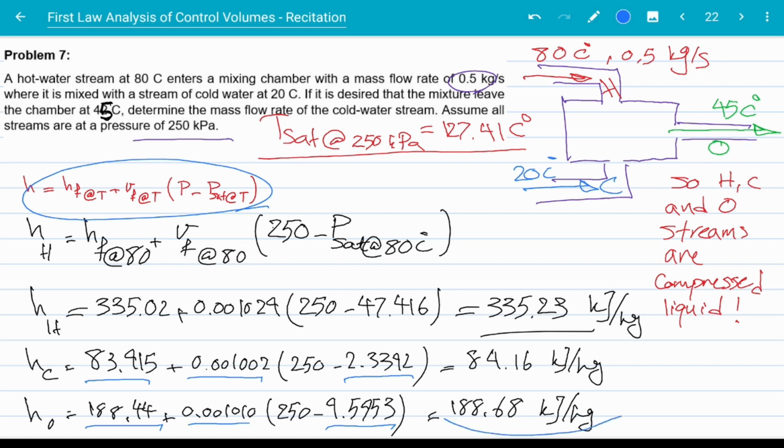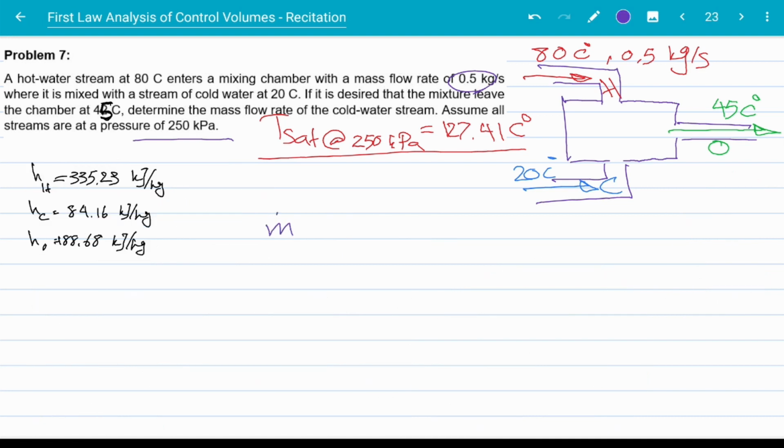Now that I have these three enthalpies, I can plug them back into the equation that we had on the previous page and find the mass flow rate. The equation that we had was m dot c is enthalpy of hot stream minus enthalpy of outlet stream over enthalpy of outlet stream minus enthalpy of cold stream times m dot of hot stream.